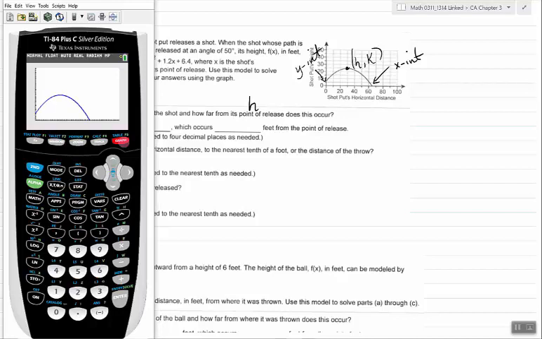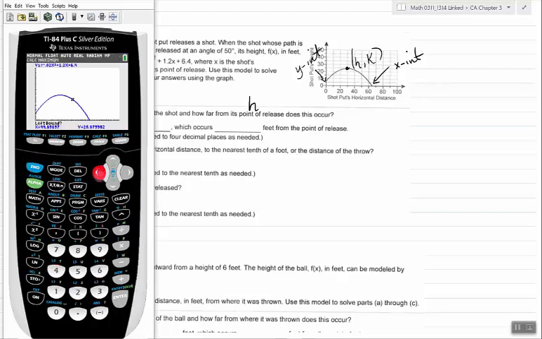All right, I have a simulation of what this is. The first question says, what is the maximum height and how far from the original point? So the maximum height is here. How far from here? That is also part of the vertex. So I'm going to do second of the trace key, which is calc. Number 4 is maximum.